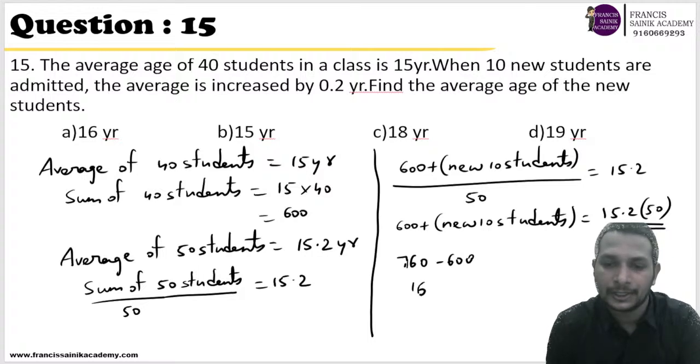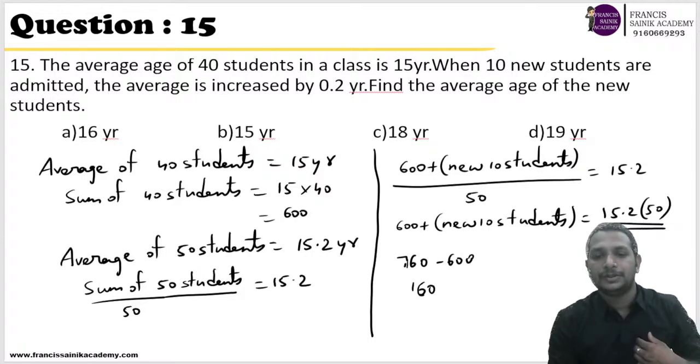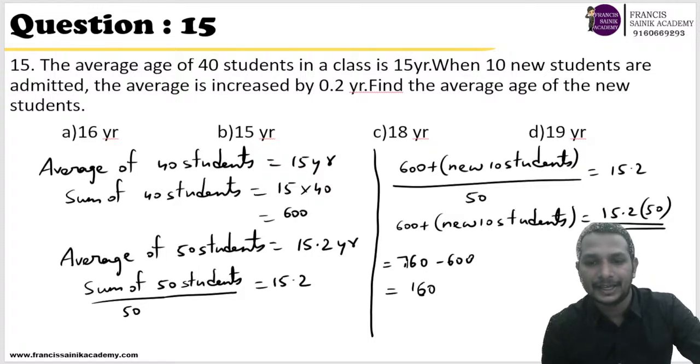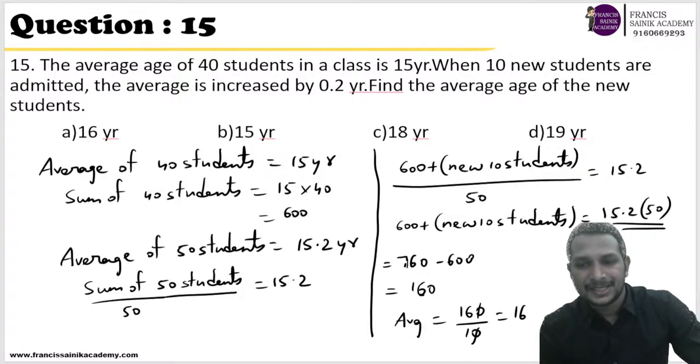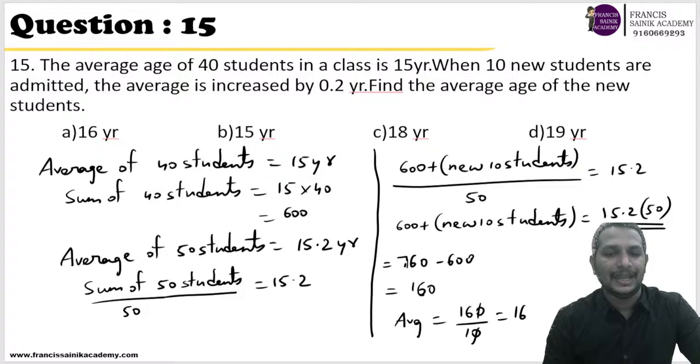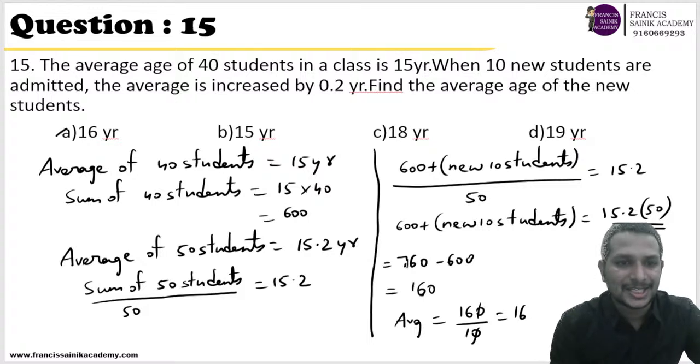The data is 160. Tell me how many are there? 10 students, right? Average of 160 by 10 students, so we got it as 16. The answer for this question is 16 years.